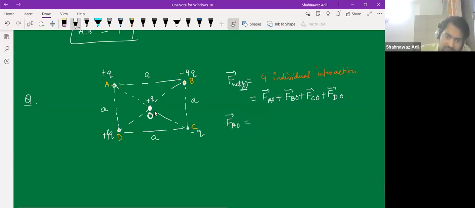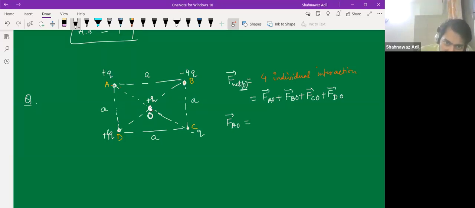Can you explain? I didn't understand. So you have this plus Q test charge, right? And this charge A, which is plus Q. We are calculating the force at this point due to A. This is plus, this is plus.